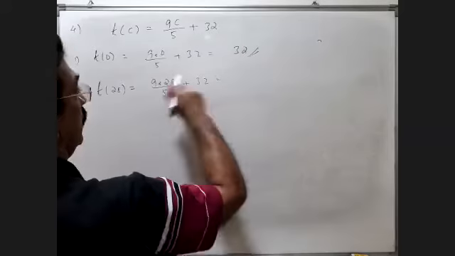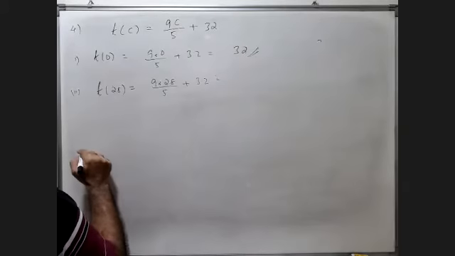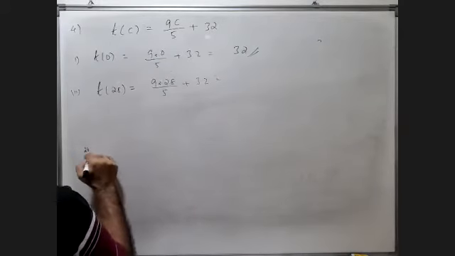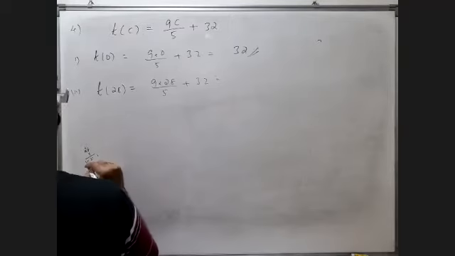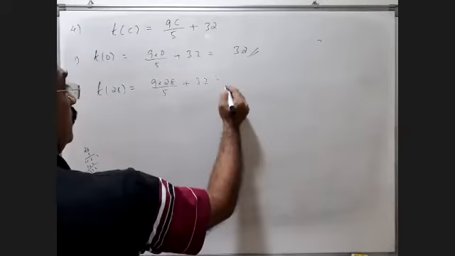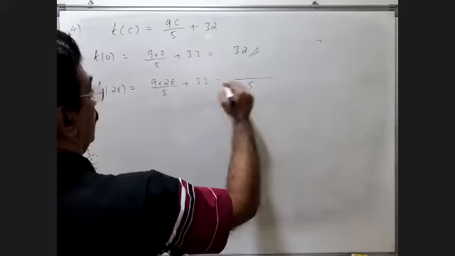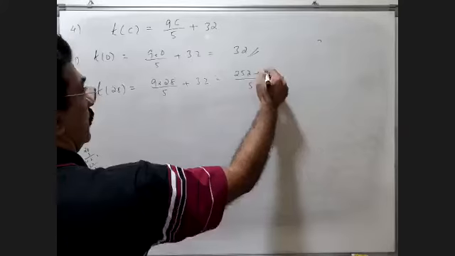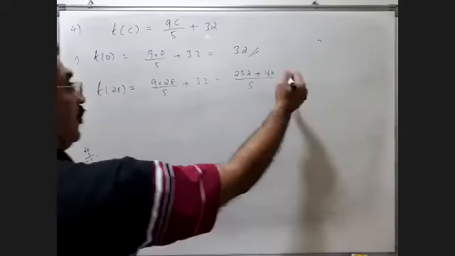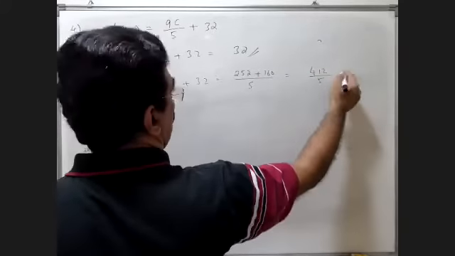What is 9 into 28? Multiply. Taking LCM 5, 252 plus 160, which is 412 by 5. You know this.